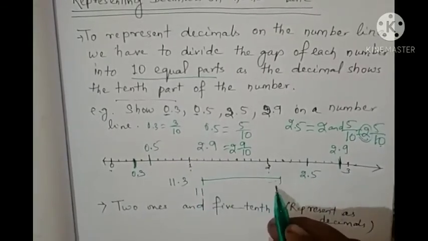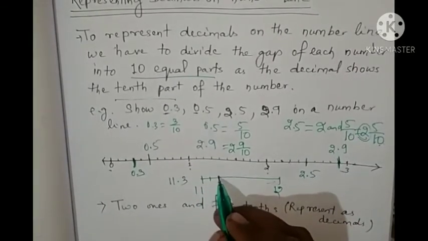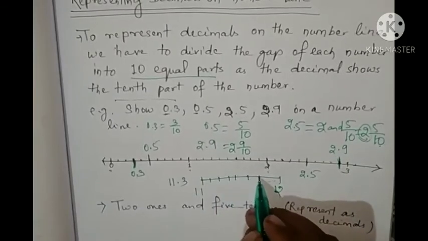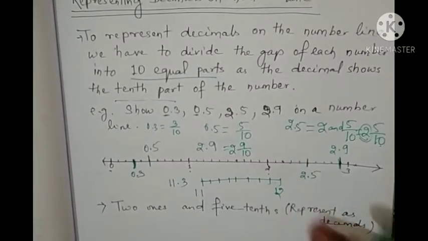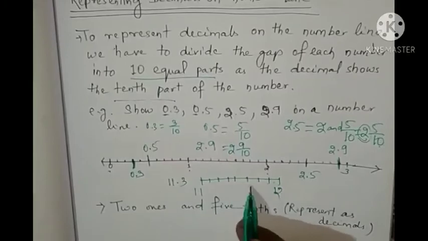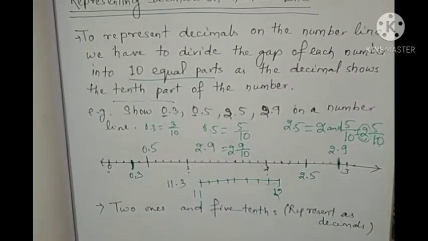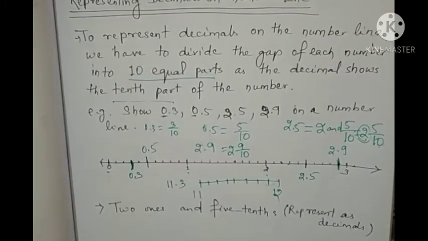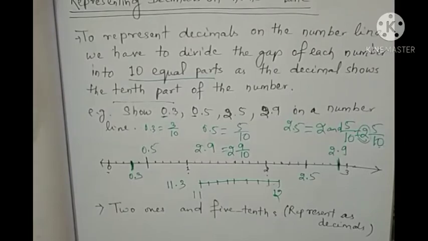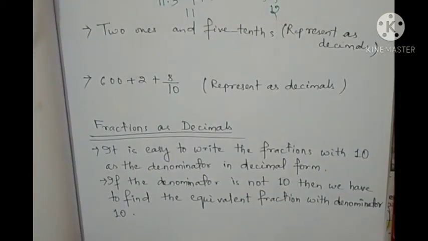If the numbers are 11 and 12, you will divide it into 10 equal parts, so that you can easily find where 11.3 is. So this is about the number line. How will you represent decimals on the number line? By dividing the gap into 10 equal parts.